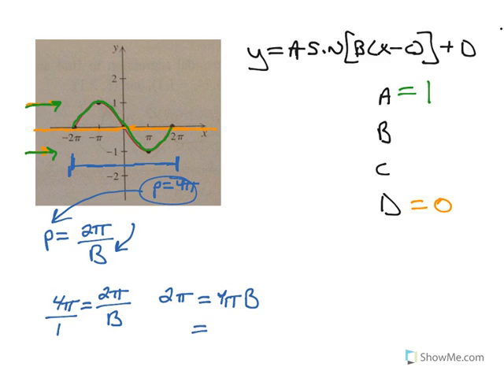And divide by 4 pi. So your pi's are going to cancel. And you're left with a b value of 2 over 4, which is a half. So b needs to be 1/2.